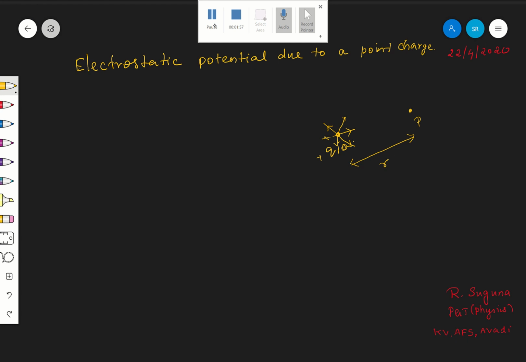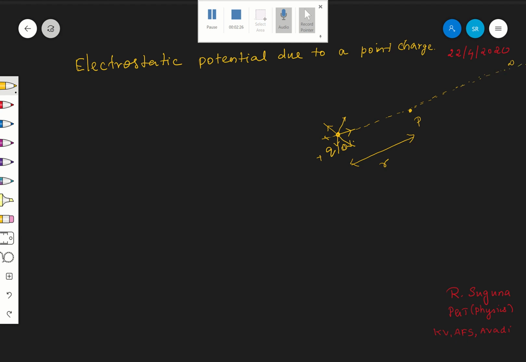I am keeping the point that is infinity somewhere, a point of interest somewhere. That is infinity.